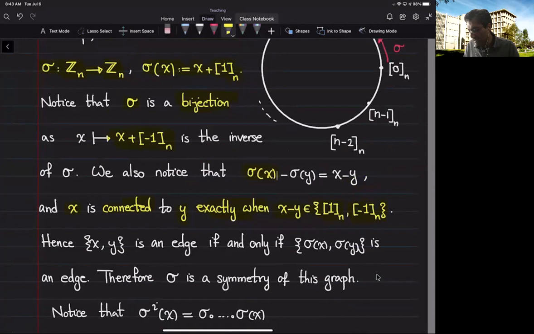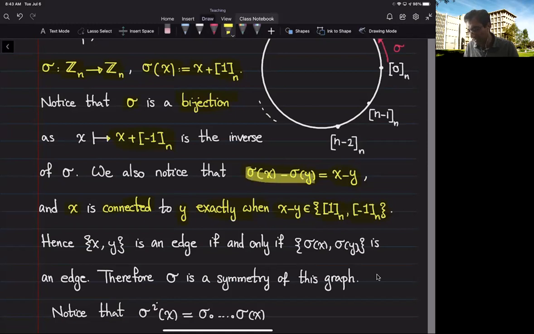Sigma of x minus sigma of y, each one of them has been added residue class of 1, so those residue classes of 1 cancel each other. We end up getting that sigma of x minus sigma of y is simply x minus y. Now, if x minus y is inside this set, then so is sigma of x minus sigma of y.